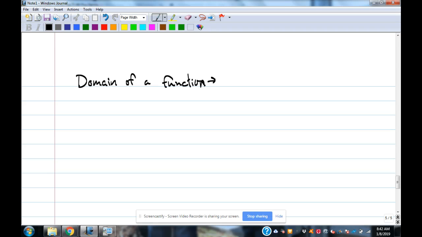What's an operation in math that's undefined that we've all encountered before? Divide by 0. That's the very first one that you ever encounter in math. You can't divide anything by 0 because you can't break something into 0 parts.